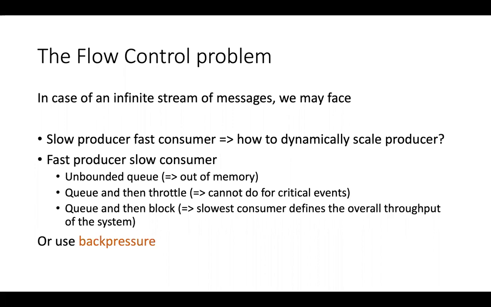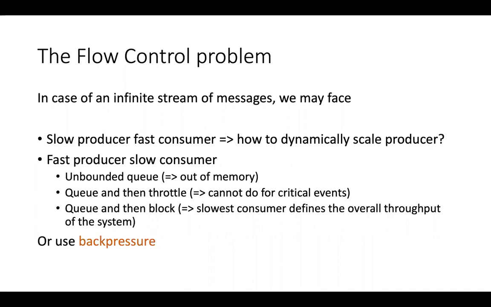Similarly, the second solution is that the queue can be throttled after a while. We keep a fixed queue, but let's say the queue gets filled. Then we will throttle, basically we will drop messages. But we cannot do this for critical events, like banking, because they can never be dropped. If they are dropped, then it will be a loss.